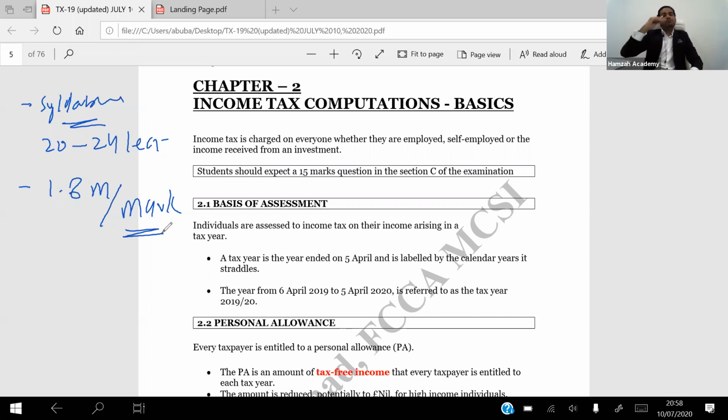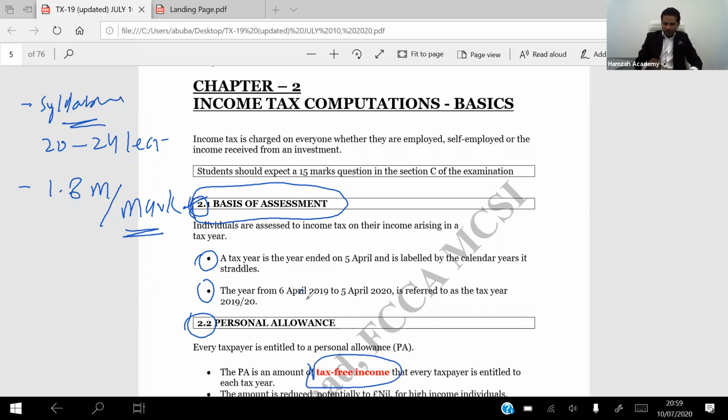I will try to put you in the same scenario as the examiner will put you. How? I'll tell you. Now, if you see all of these headlines and these markings, and again there's 2.2, there was 2.1, and all these red marks and all these dates, everything is written for a reason.